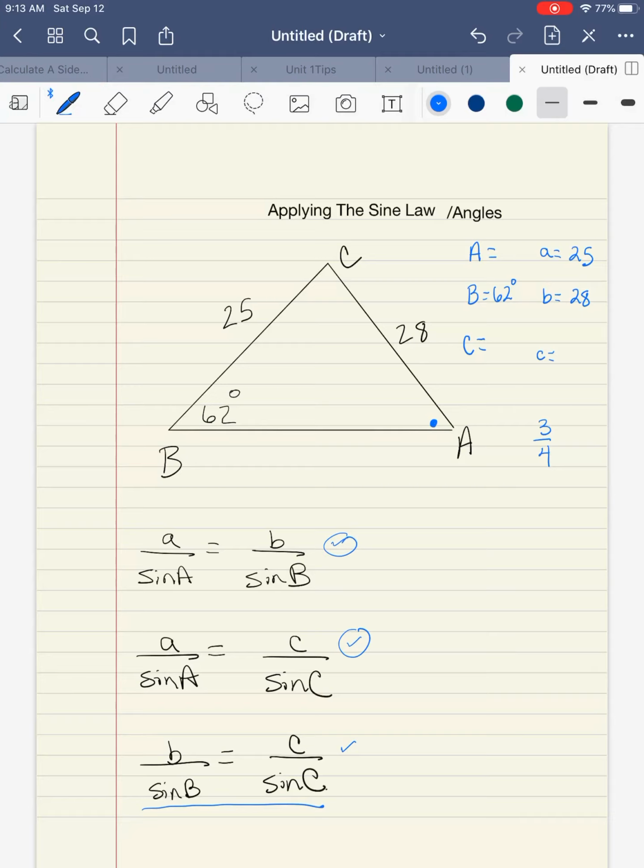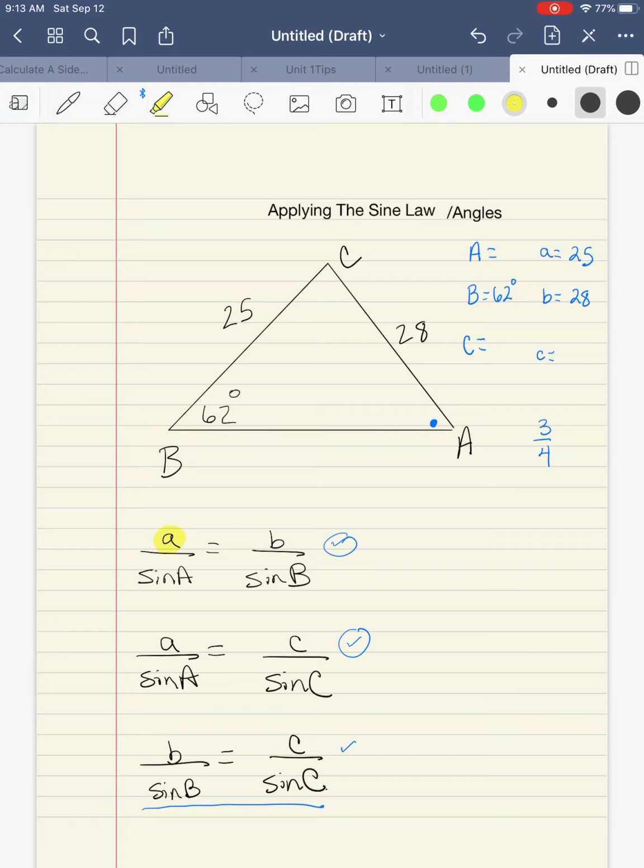Now, which one do I have 3 of the 4? So I'm going to go over here. I'm going to turn my highlighter on. I like to do that when I'm picking my formula, or ratio I should say. So I'm going to look here. Yes, I do have small a, so I'm going to highlight that. Now, I'm going to go below that. It says a over sine of capital A. Now, I'm trying to calculate capital A, so I wouldn't have that one.